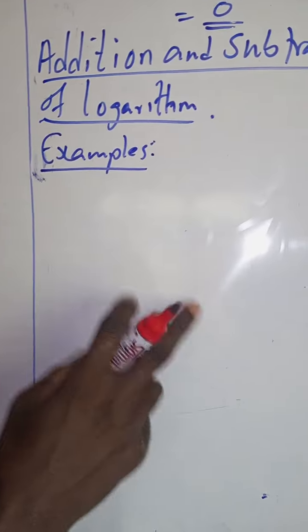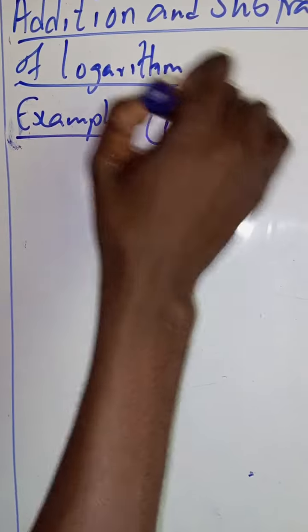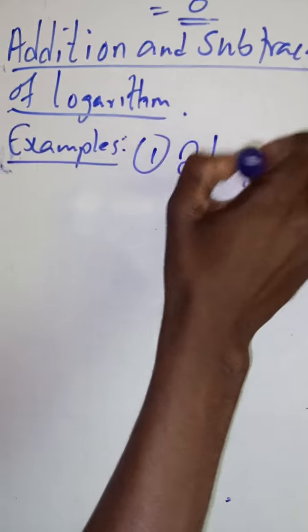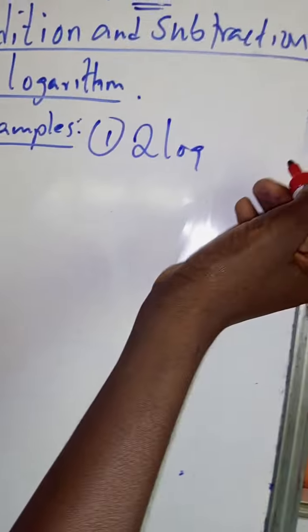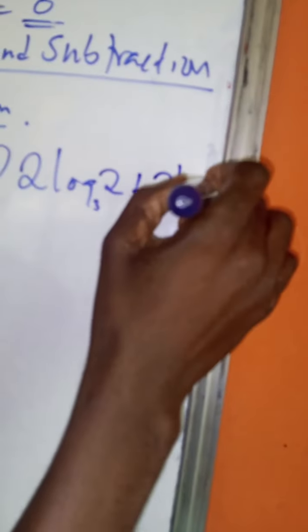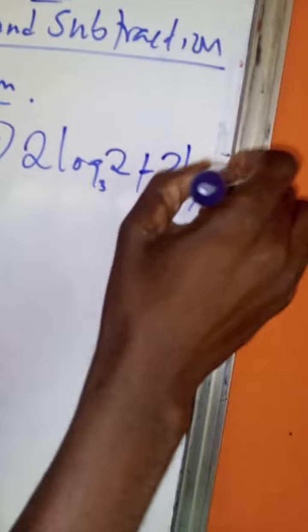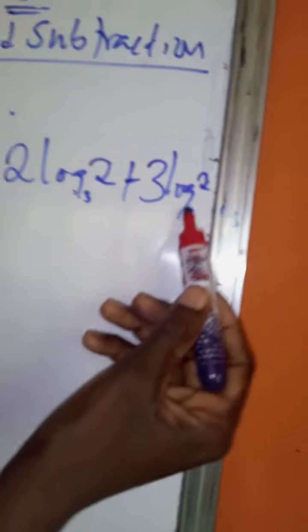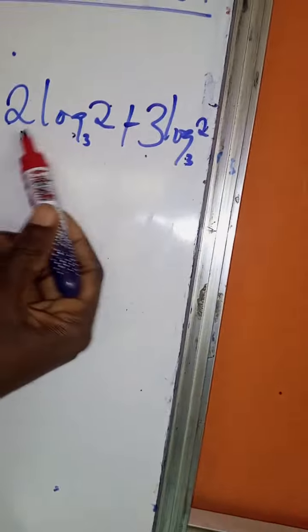Take for instance, I can add 2 log 2 base 3 plus 3 log 2 base 3. Since they are the same thing in this aspect, it will be easier for me.